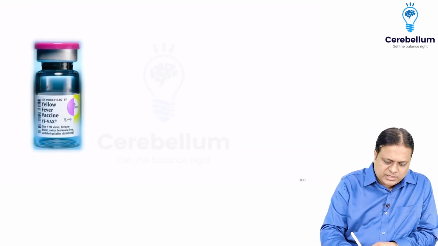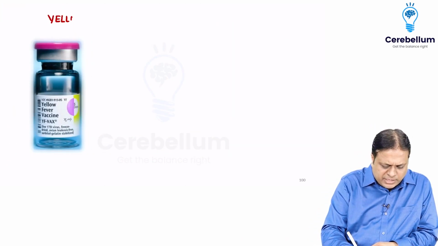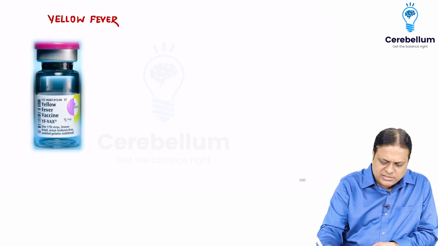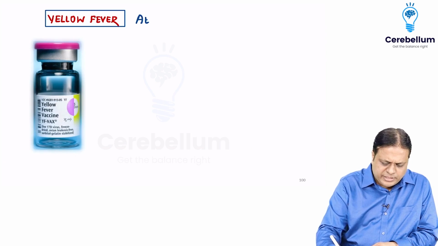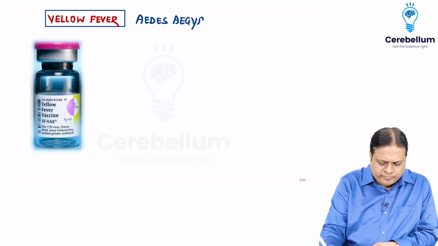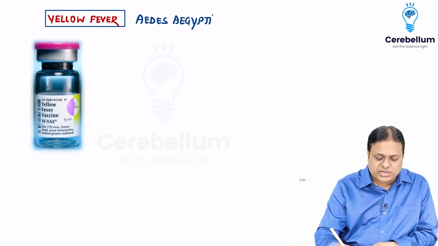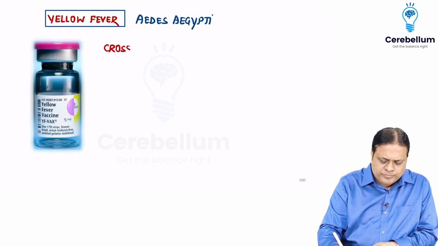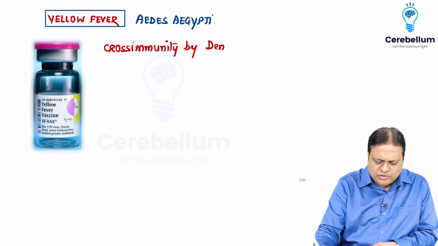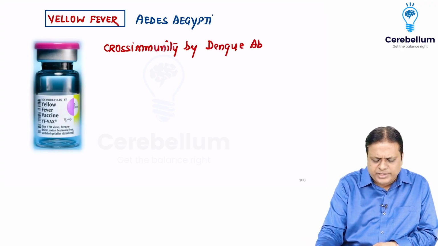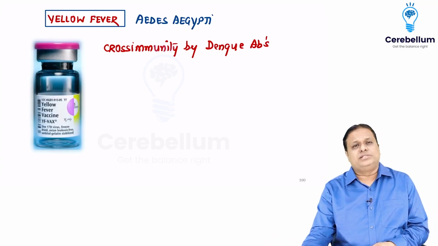Yellow fever, also known as American plague, is another arboviral disease where the route of transmission is the vector Aedes aegypti. This disease does not occur in India due to cross immunity or cross tolerance provided by high circulating levels of dengue antibodies in the Indian population.